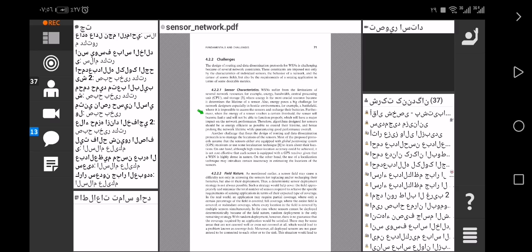These are sensor characteristics. Sometimes a sensor is equipped with GPS. These are sensor characteristics that we should consider in designing a routing and data dissemination protocol.